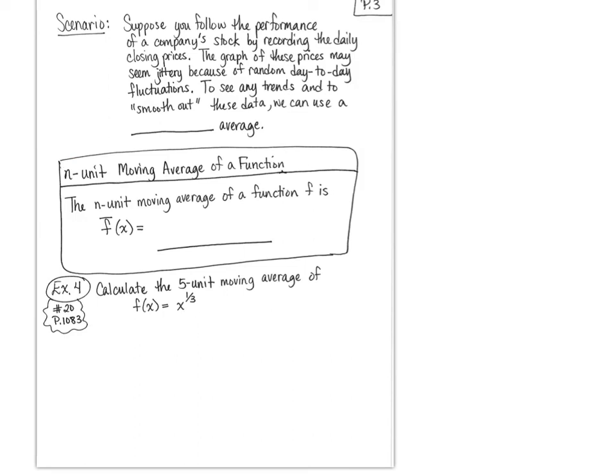Now, scenario. Suppose you follow the performance of a company stock by recording the daily closing prices. The graph of these prices may seem jittery because of random day-to-day fluctuations. To see any trends and to, quote unquote, smooth out these data, we can use what's called a moving average.